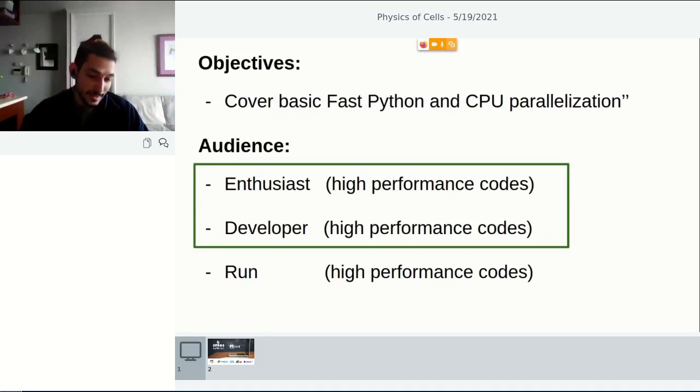The developers that want to learn how to build these codes and make faster codes, and the ones that just want to know how to run them and don't care about how the things are made. So the talk is more focused on the enthusiast and the developer type of audience.